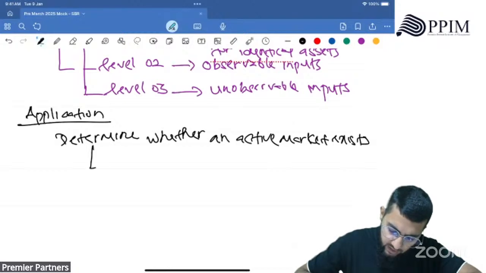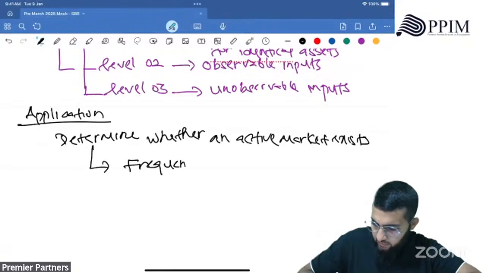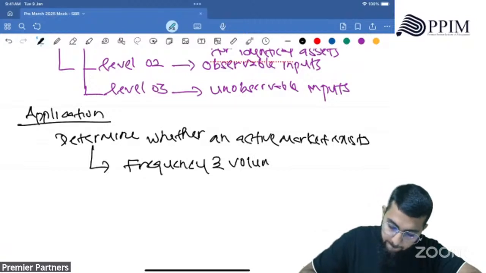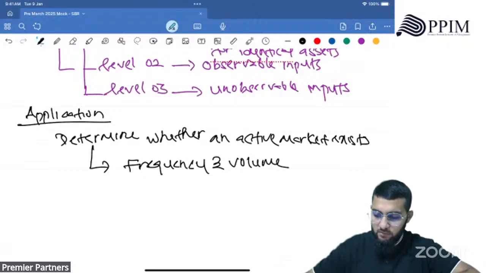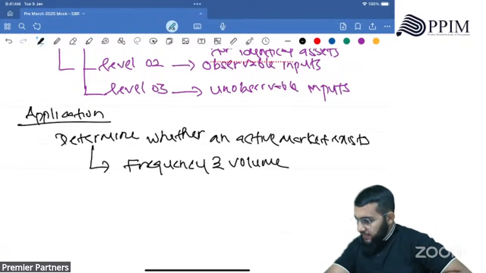What's an active market? Where the transaction frequency and volume are high. That's an active market, right? Okay. Now, when there is an active market, right?